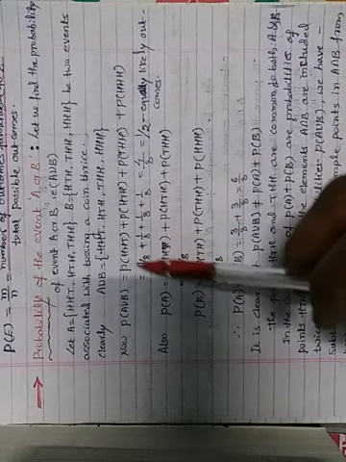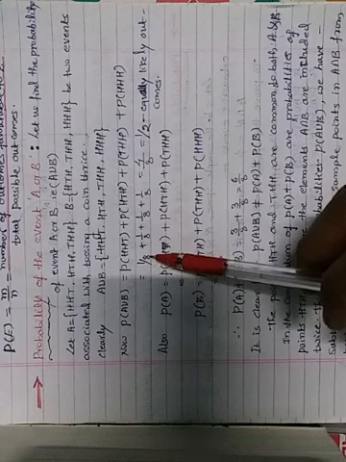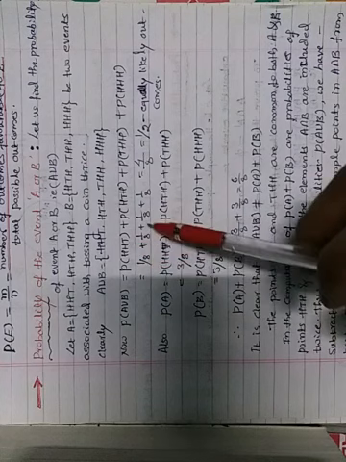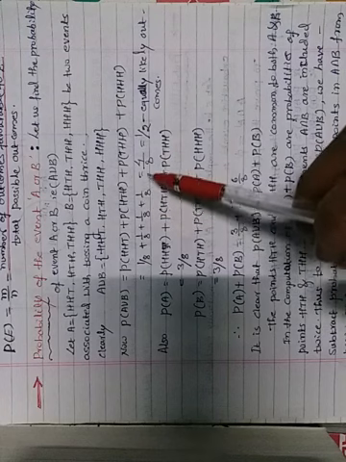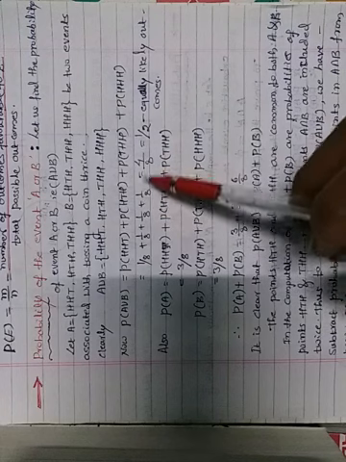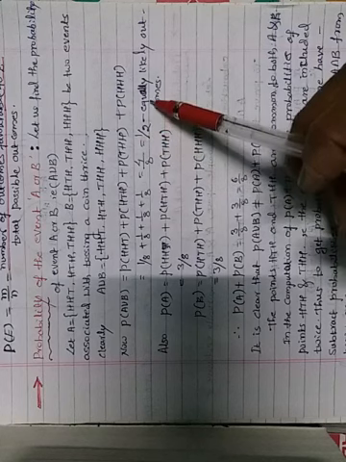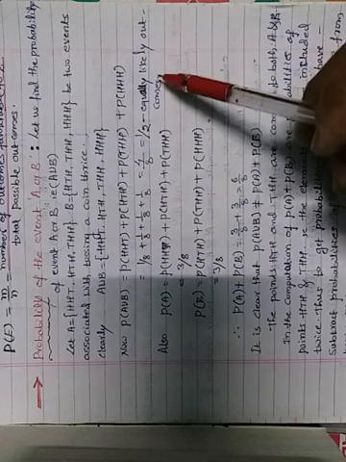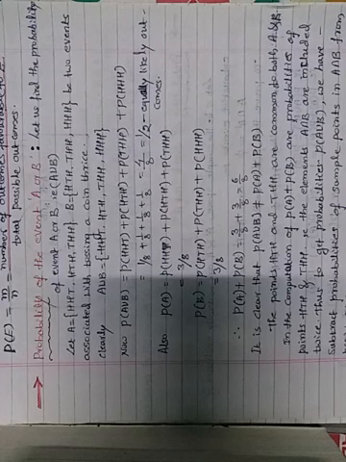Here each is 1 upon 8 because the total number of outcomes in the sample space is 8. Hence 1 upon 8 plus 1 upon 8 plus 1 upon 8 plus 1 upon 8, totally with LCM 8, 4 by 8 which equals 1 by 2. This is known as the equally likely outcomes.